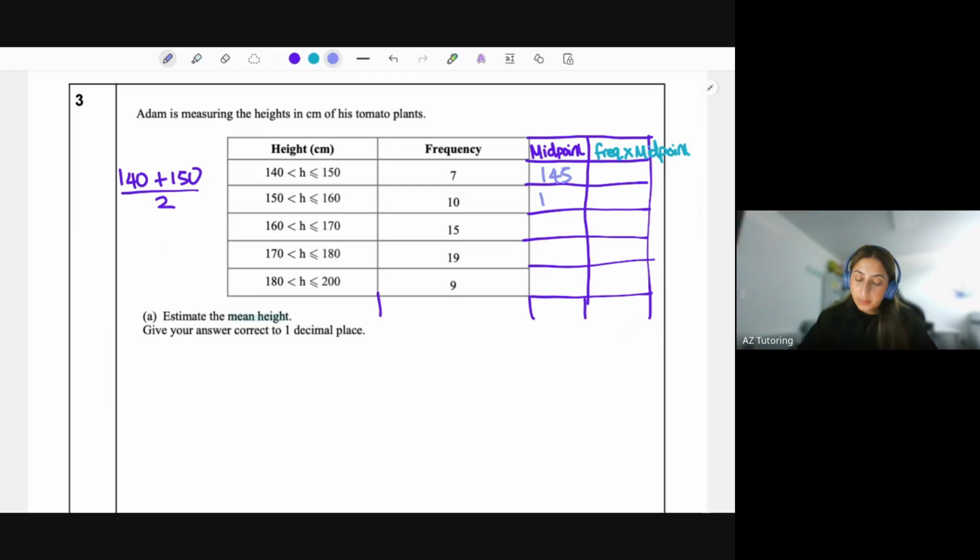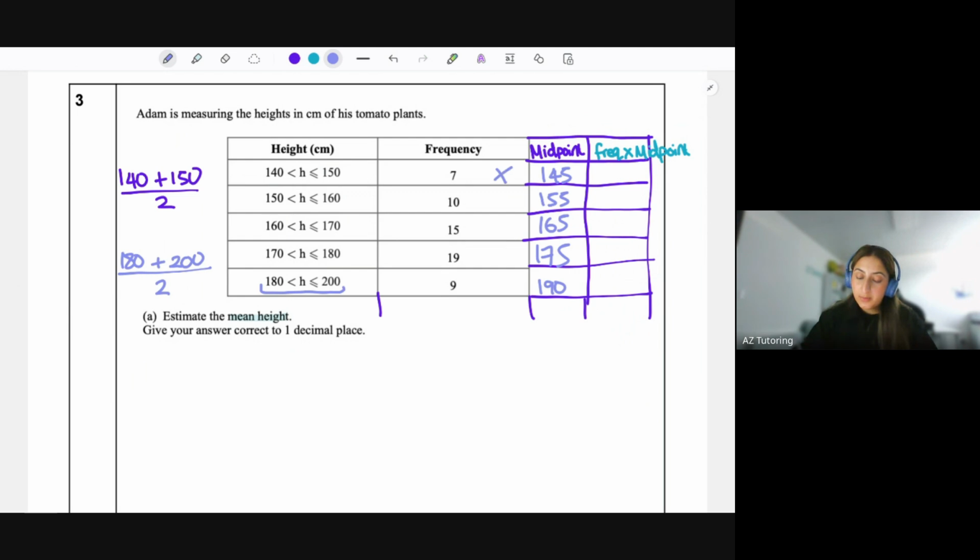The midpoint is 155. 165, 175. And just be wary of this one. The midpoint is 180. So if I do 180 plus 200, which is 380, 380 divided by 2 is 190.